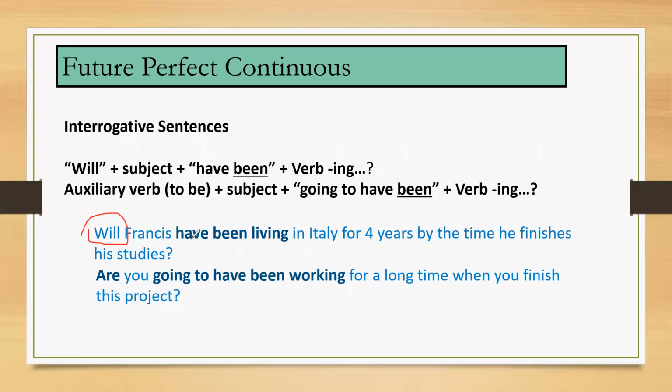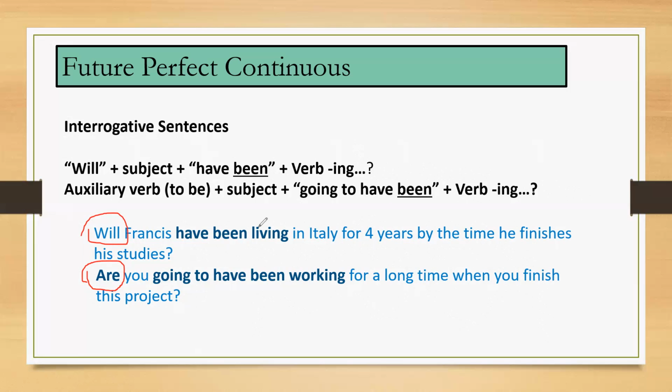Yes, no, I don't know, right? Or if we would like to use the future with going to, we use the auxiliary or the verb be. Are you going to have been working for a long time when you finish this project? Right?